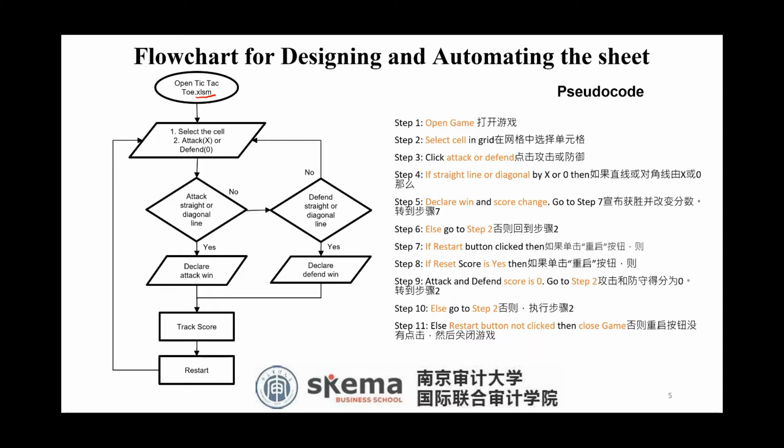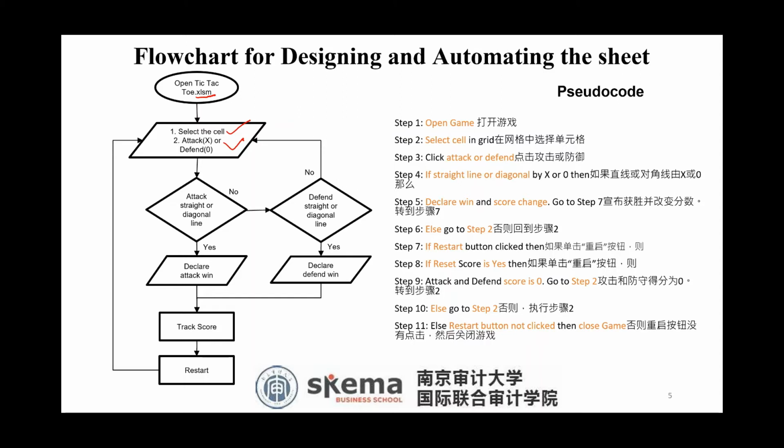So we create a file called tictactoe.xlsm. That will be the area where we will solve this game problem. Then the input is selecting the cell and either attacking or defending depending on the player. It's a 2-player game.